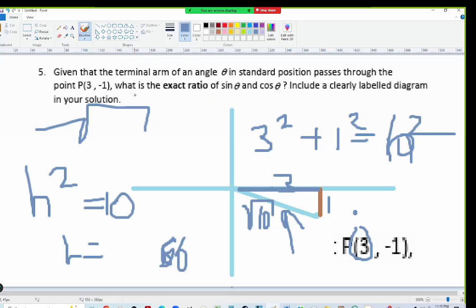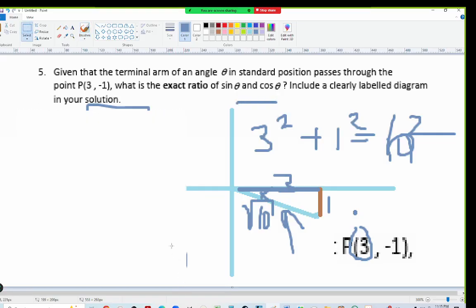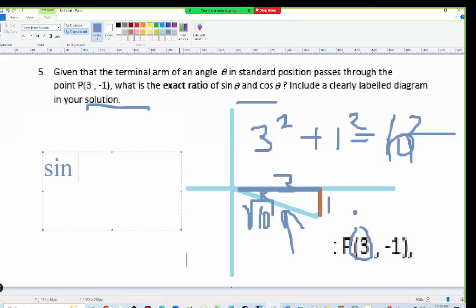Now they want us to give the exact ratio of sine of this angle. We'll just call this angle x, and cosine. So what is the sine? It's opposite over hypotenuse. The sine of x is opposite over hypotenuse. What's the opposite in this diagram? It is 1.